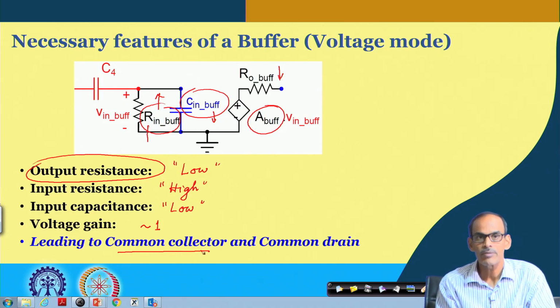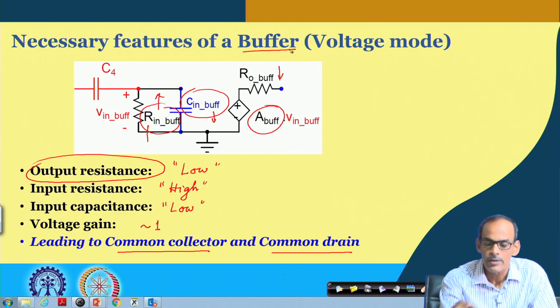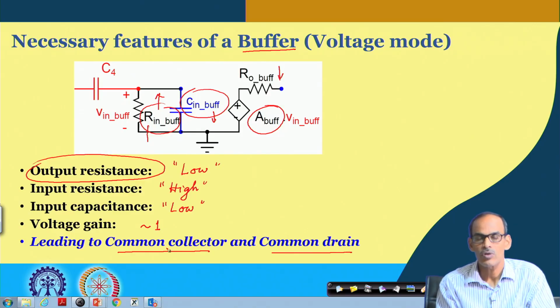If it is implemented by MOS transistor, it will be common drain, which means that this buffer, particularly for voltage mode amplifier cascading, will be implemented by a common collector or common drain stage.